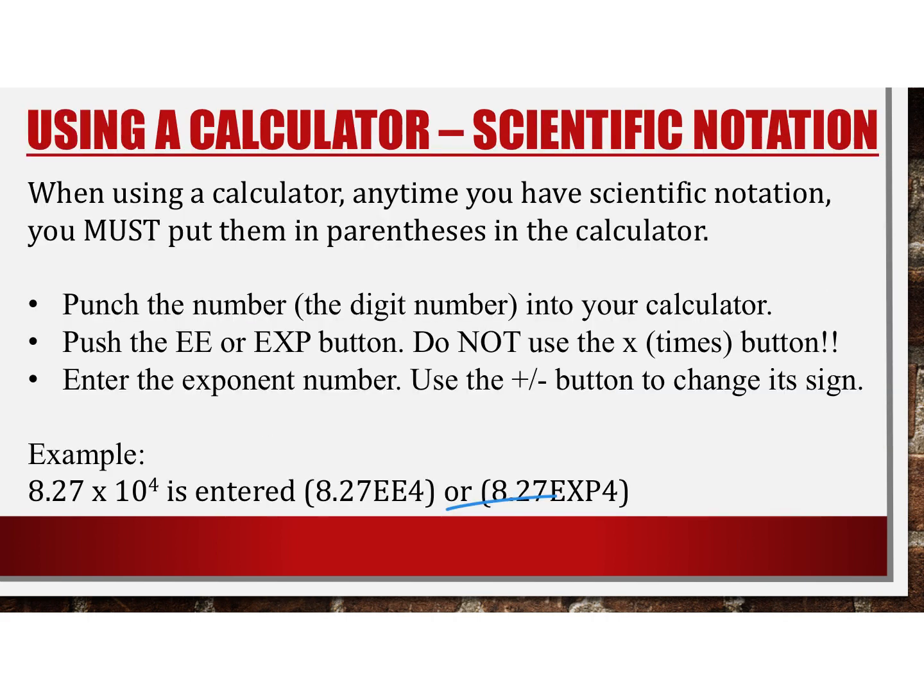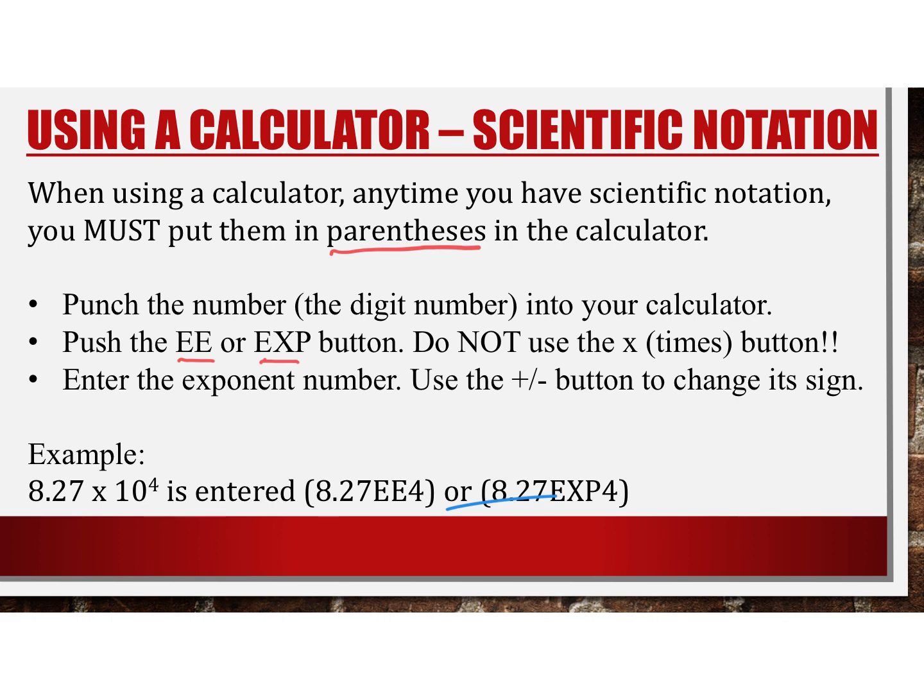Okay guys, here's the calculator directions for scientific notation. Just to point out a couple of things, because you have these in your notes. Make sure that you're using parentheses, because we need to make sure that the order of operations are done correctly. Also, you either will have an EE button or an EXP button on your calculator. You're just going to need to look at your calculator to figure that out.